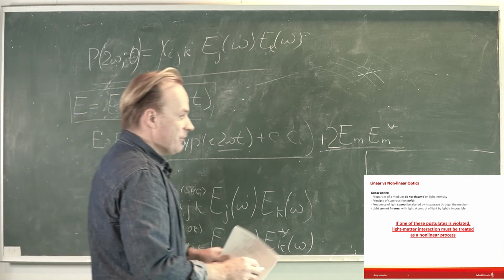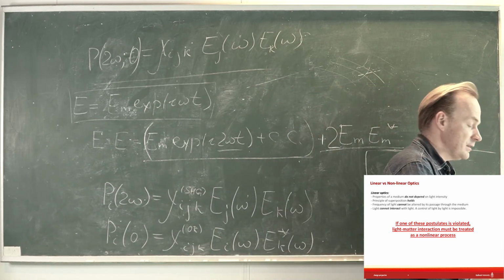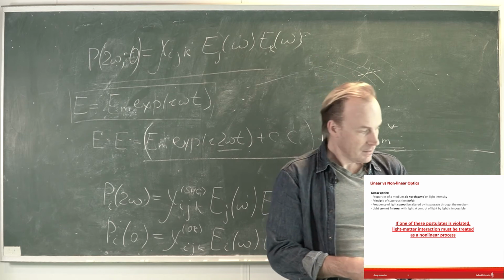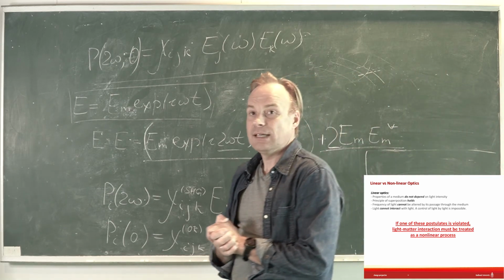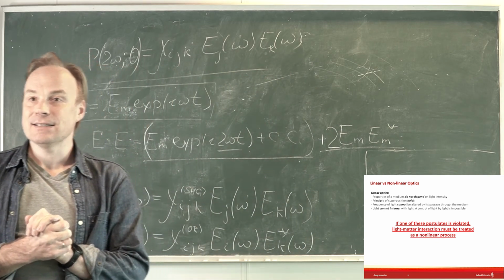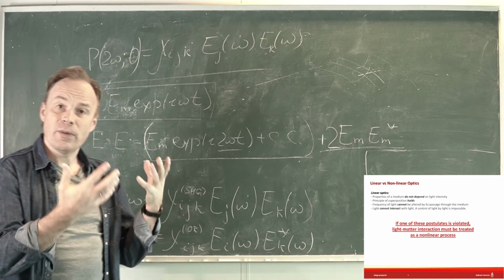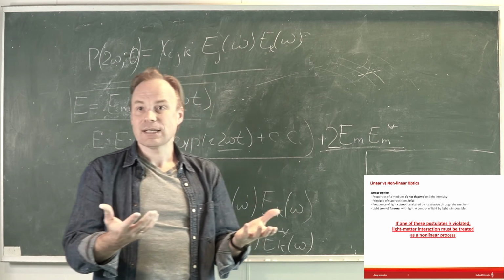So now we arrive to another chapter of this course, which is called nonlinear optics. Well, let me summarize what we expect from linear optics. In linear optics, properties of medium do not depend on light intensity. So it means that it doesn't matter how much intensity you put on the medium, it doesn't change its properties.